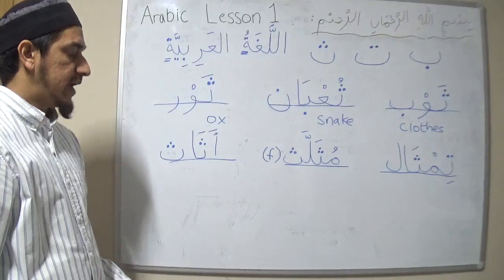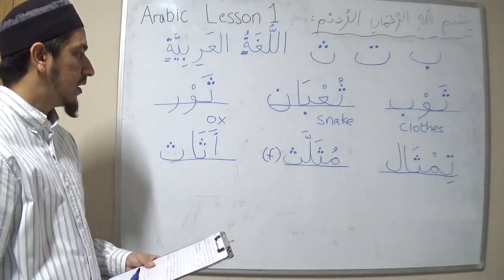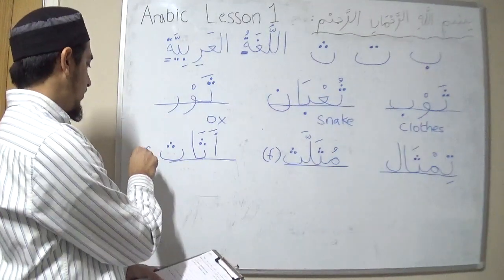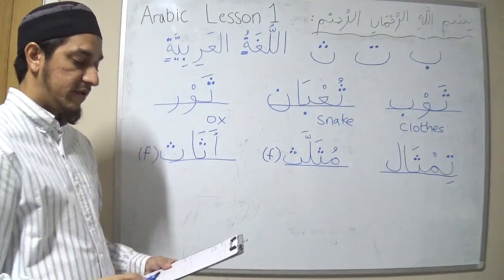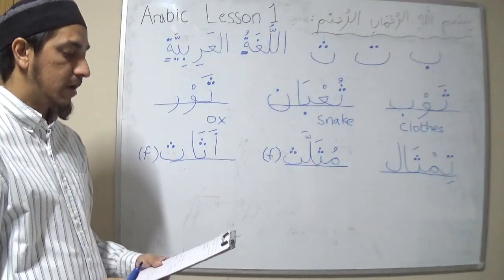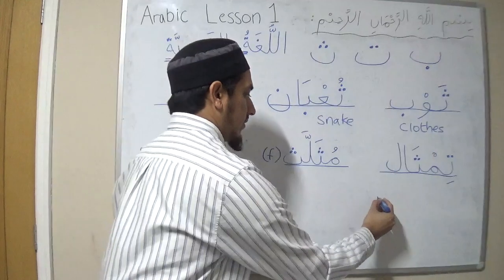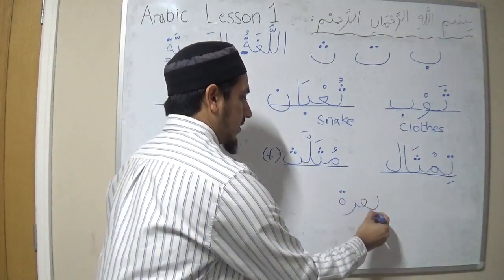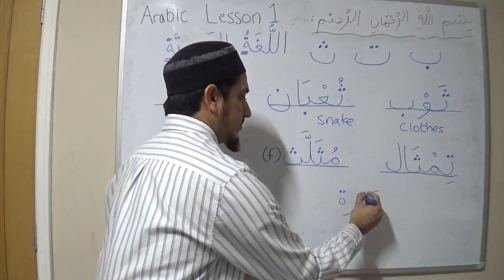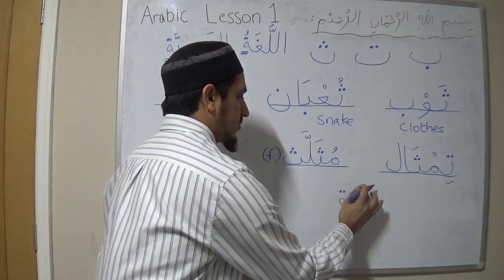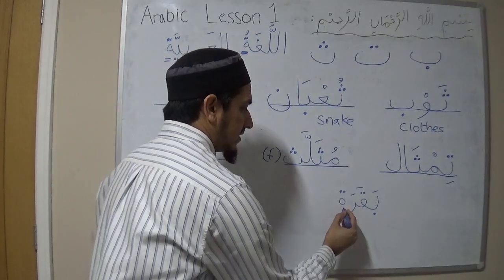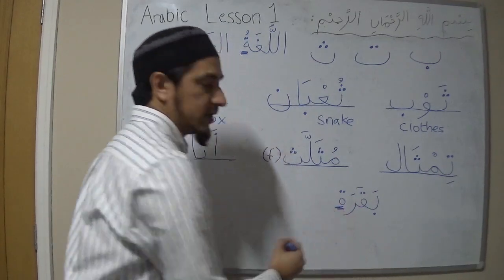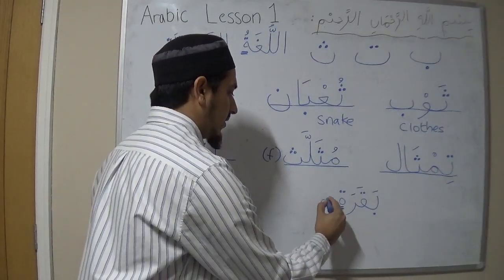So on the words that I had given you, here's another feminine one. For the first ones we had بقرة. If you go back to your notes, بقرة, and generally one indicator to know it's a feminine word is if it has that ta at the end. That's one of the key things. So بقرة, that's feminine.